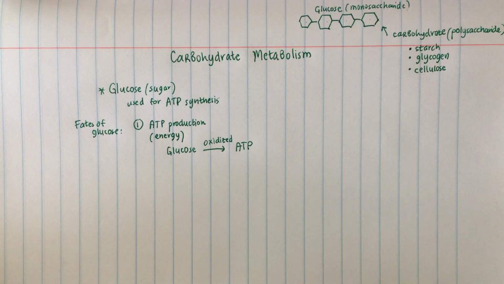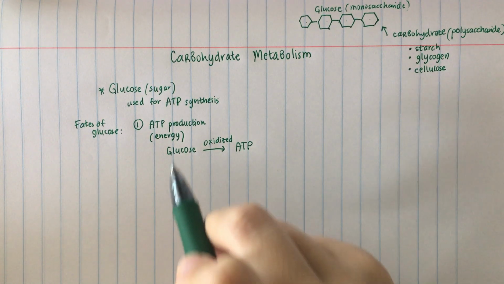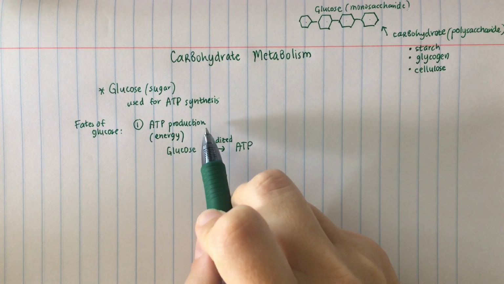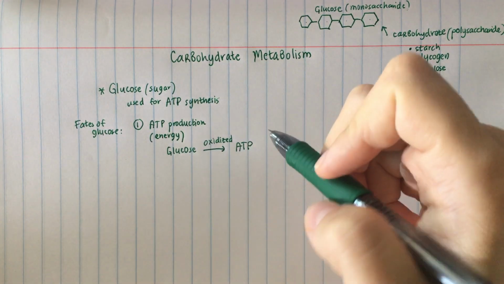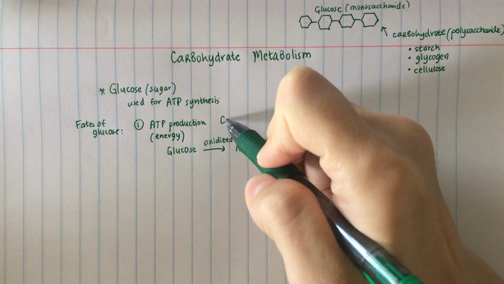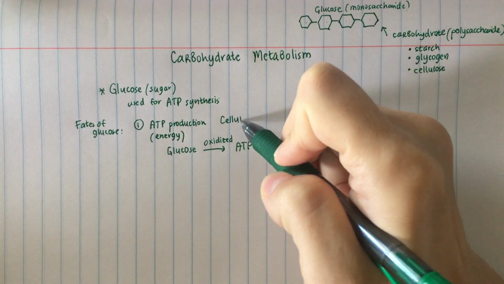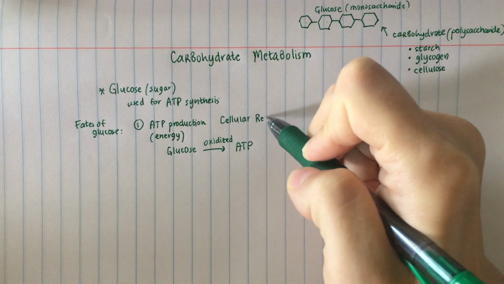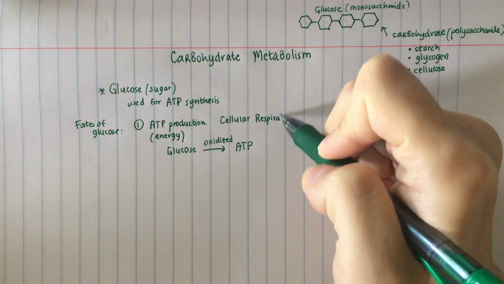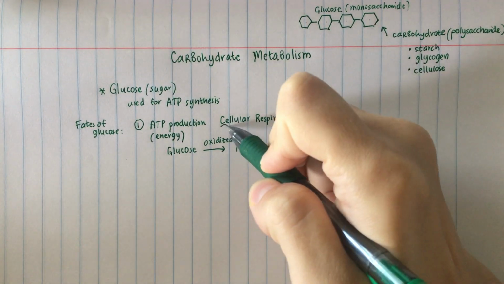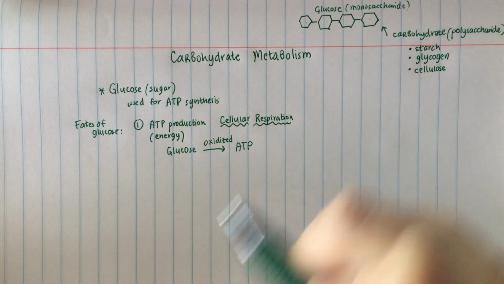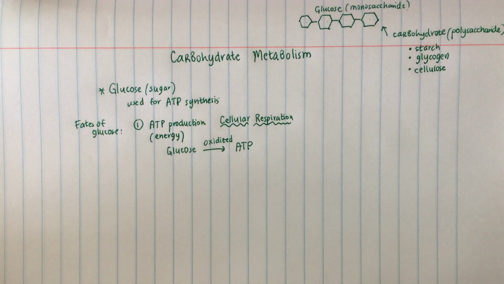It is called cellular respiration. So ATP is produced from glucose through the process called cellular respiration, and that is performed by all of the cells in our body.